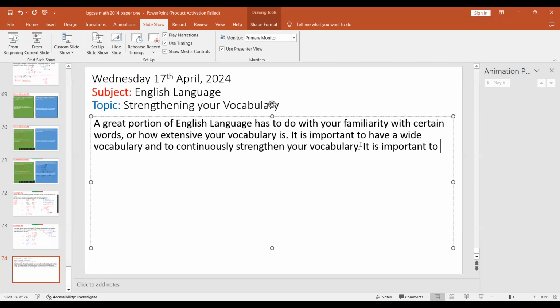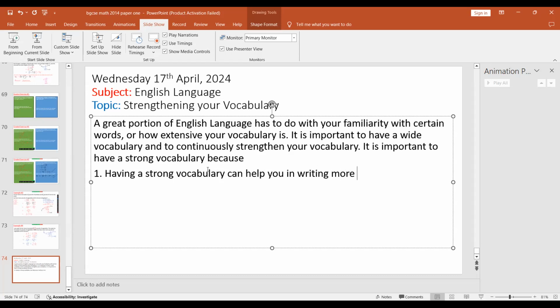So it is important to have a strong vocabulary because, number one, having a strong vocabulary can help you in writing more mature and sophisticated essays.